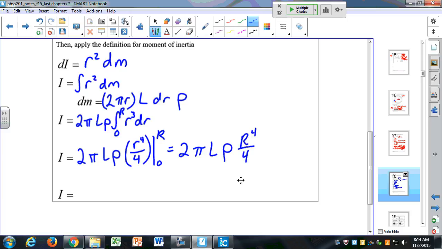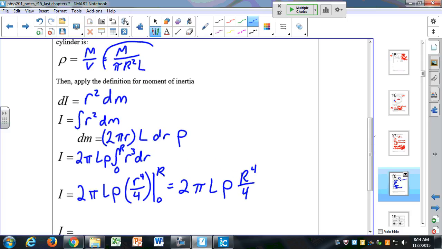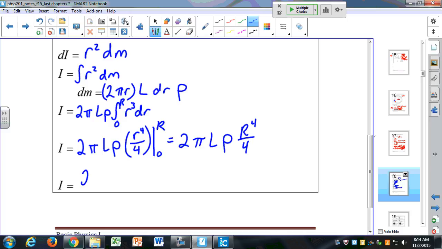I can still simplify this a little bit more because remember our density is equal to this, m over pi r squared L. So I can have 2 pi L times mass over pi r squared L times r to the 4th over 4. I get some things canceling out here. Pi's cancel, L's cancel.